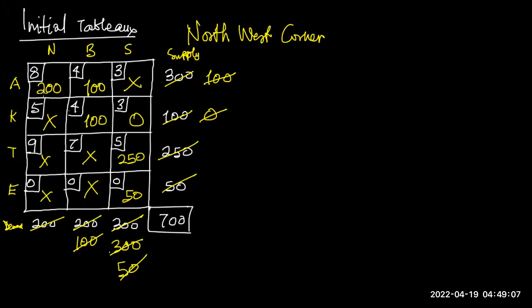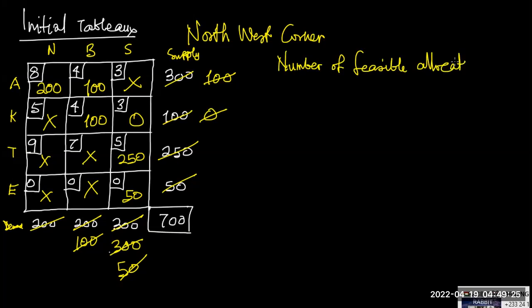But let's confirm that what we've done actually makes sense. We need to know the number of feasible allocations. The number of feasible allocations should be m plus n minus 1, where m represents the rows.